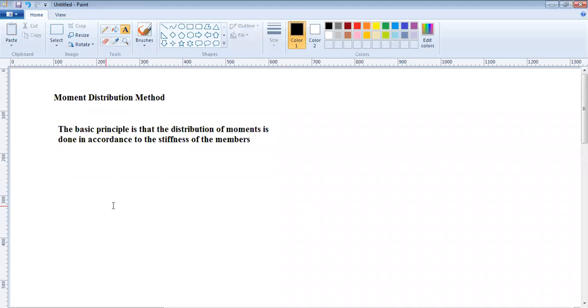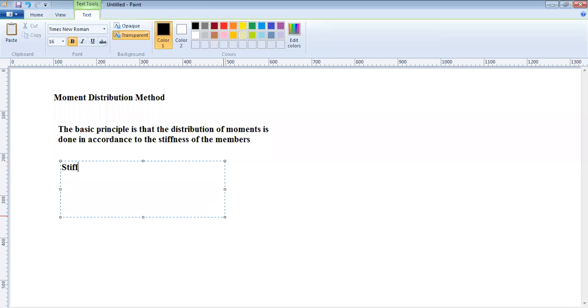Then we did one example already based on this. In our previous lecture, we first determined the stiffness ratio, and then we distributed the moments by the factor.